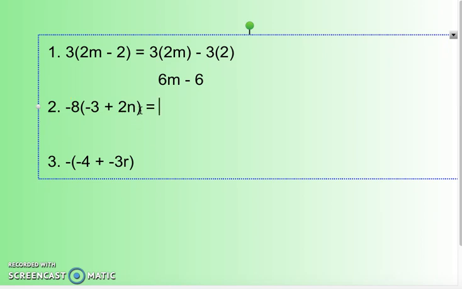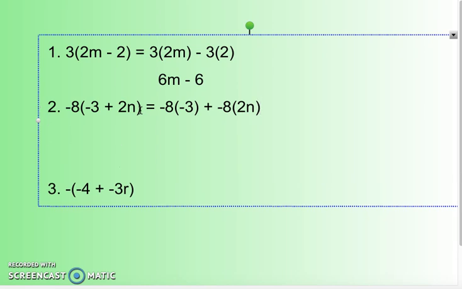Well, if we introduce the negative 8, so we put negative 8 times negative 3, there's an addition sign this time, and then we got to introduce the negative 8 to the 2n. So negative 8 times 2n. So let's look at the first expression. We have negative 8 times negative 3.